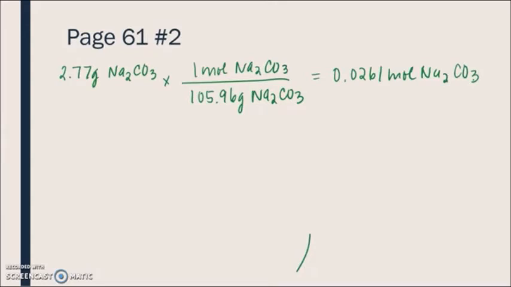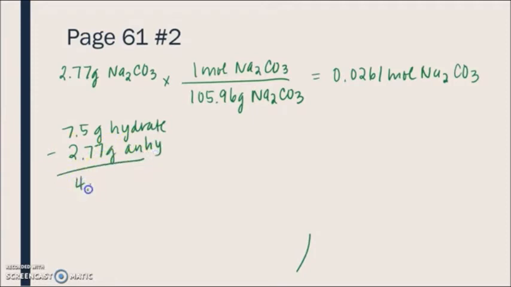Step 2 says grams of water to moles of water. They don't give that to you, so you've got to find that. So you're going to do grams of the hydrate minus the grams of anhydrous that they gave you to figure out that you have 4.73 grams of water. You really should only have 1 decimal place because of this number.